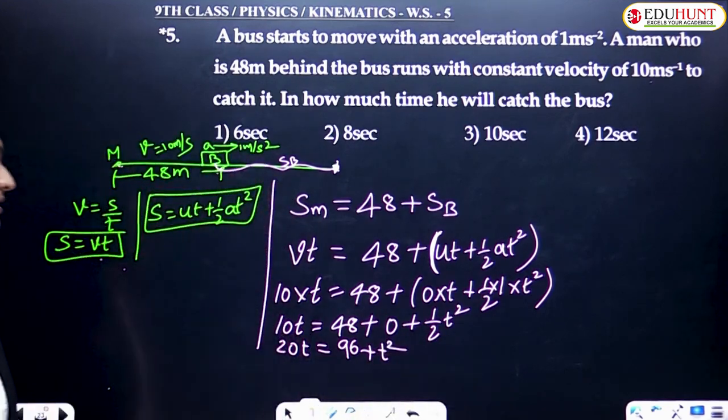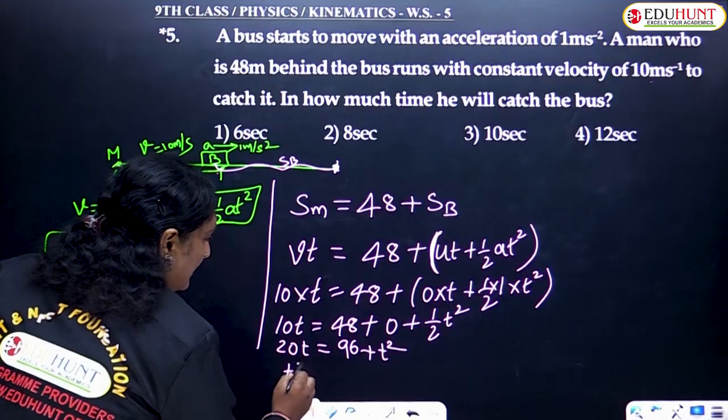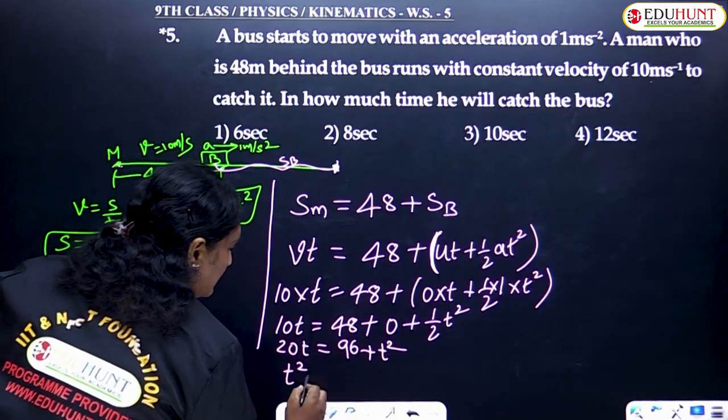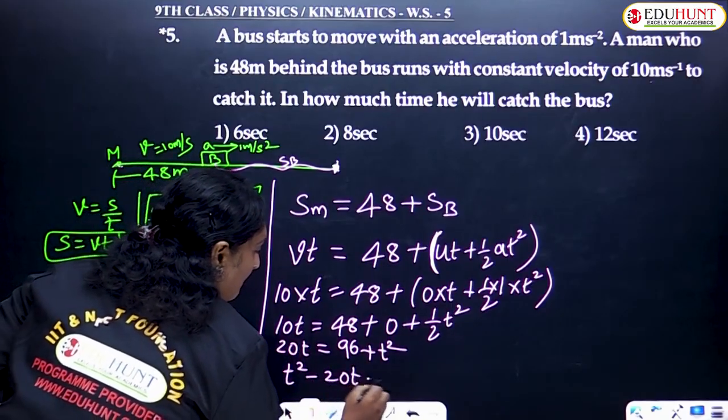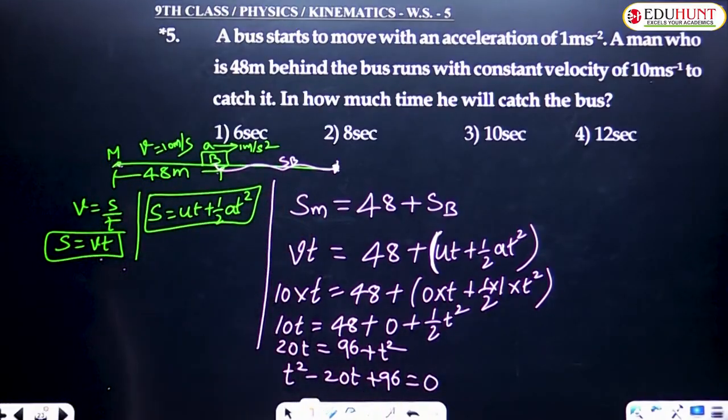What is that, children? 20t is equal to 96 plus t square. So further simplification, and how much are we getting? t square, bring this 20t to the other side, minus 20t plus 96 equals 0. What is that? T square minus 20t plus 96 equals 0.